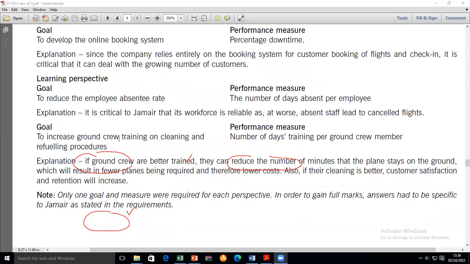Another one is to increase ground crew training on cleaning and refueling procedures. Number of days training per ground crew member. So we want our people to be well trained so that you can reduce even the ground time. We want to train our employees so that they are efficient and effective in cleaning.